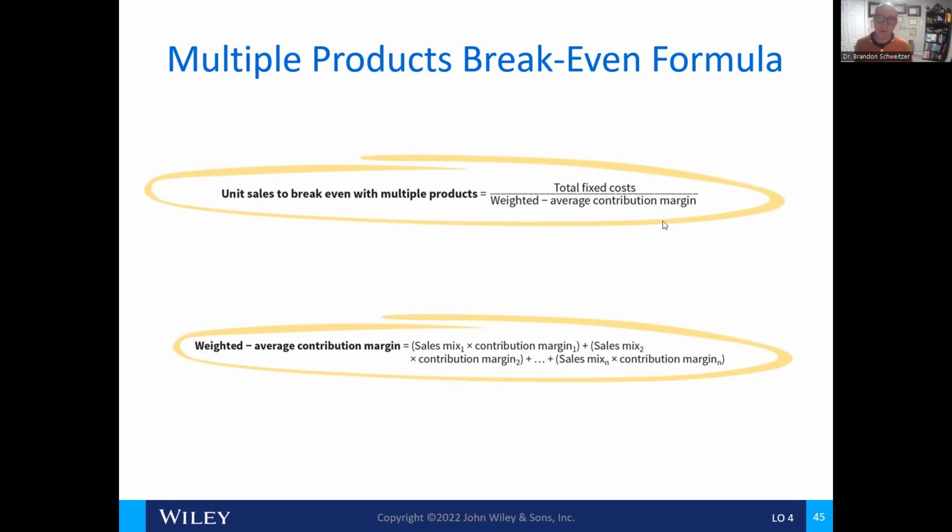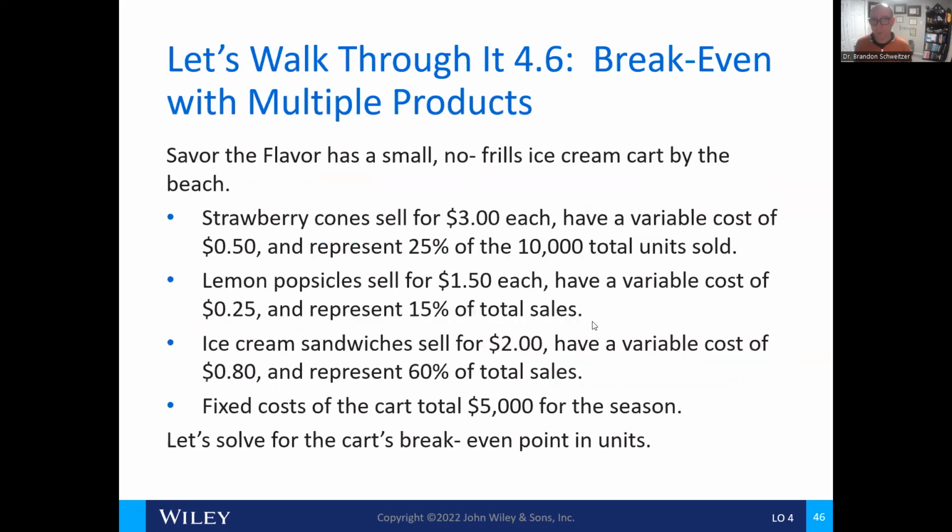To find the weighted average contribution margin, we take the sales mix times the contribution margin, plus the sales mix times the contribution margin, plus the sales mix times the contribution margin. We do that for each product sold, and then we add them up to find the average.